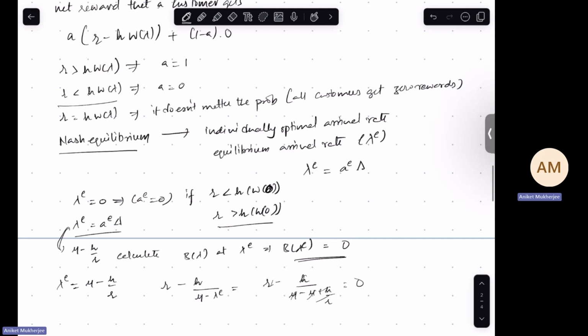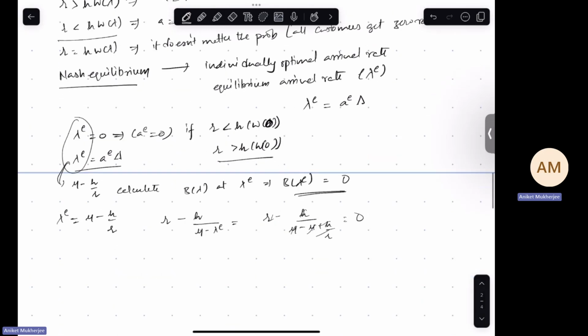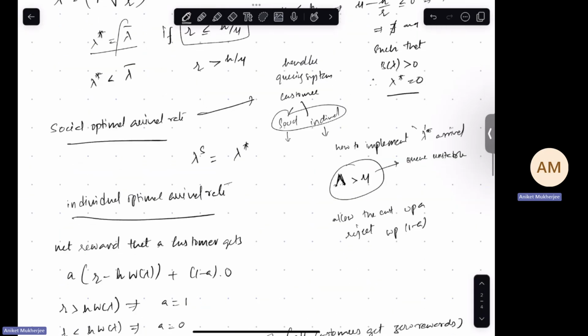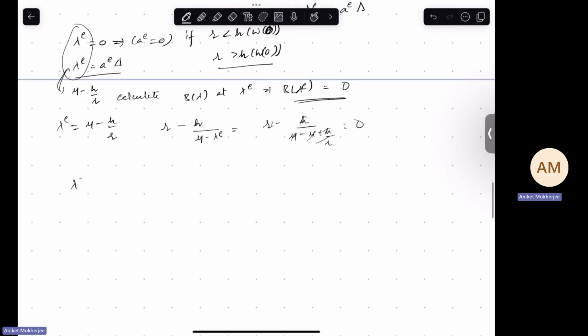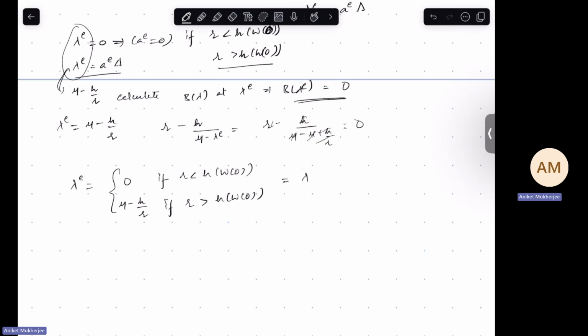Now, as you can see, the structure of lambda e is the same as the structure of lambda bar. So lambda e is also equal to 0 if r is less than H W 0 and equal to mu minus h by r if r is greater than H W 0, which is equal to lambda bar.